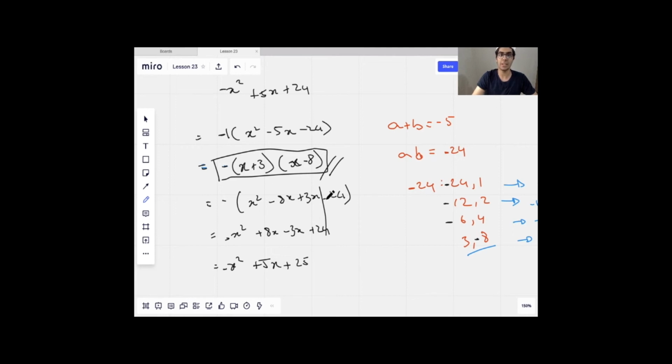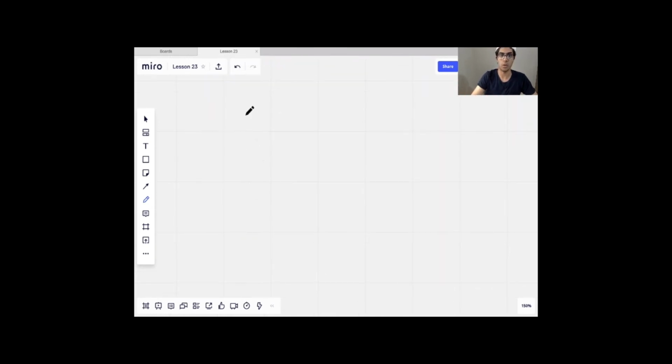This is the case when the coefficient is minus 1. Or even if we go back to our original example, x squared plus 7x plus 10, if we had something like 2x squared plus 14x plus 20, we've just multiplied this by 2 to get there.